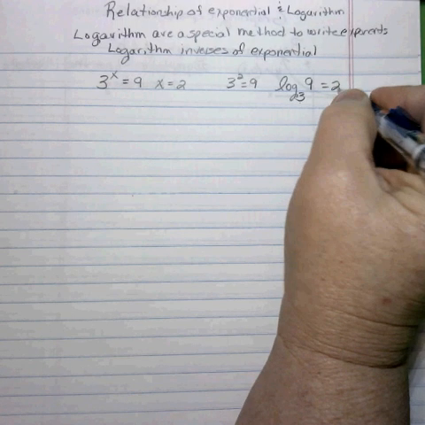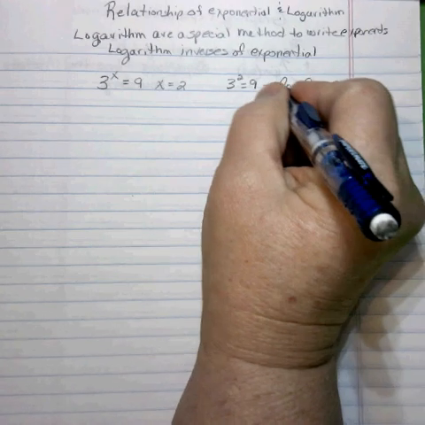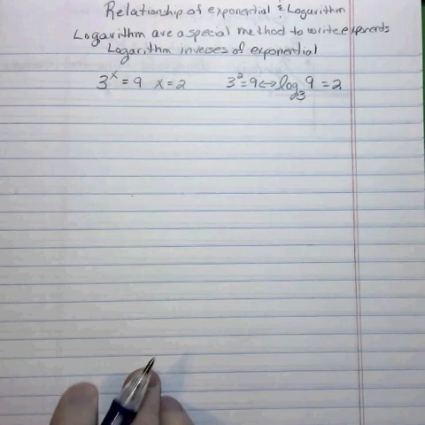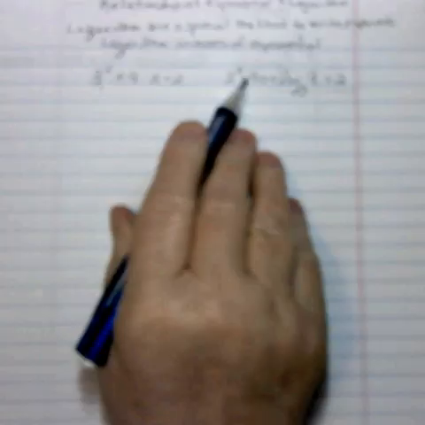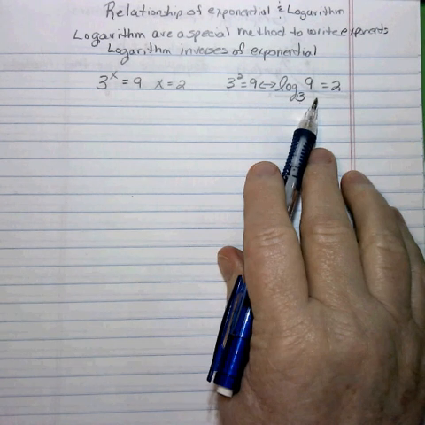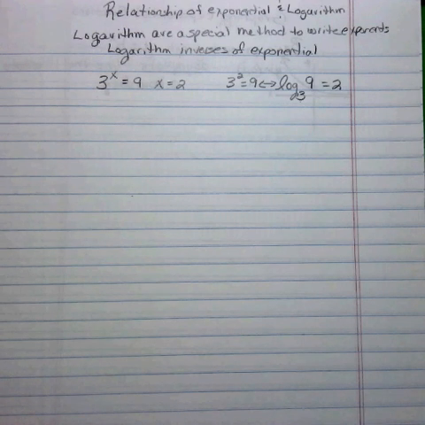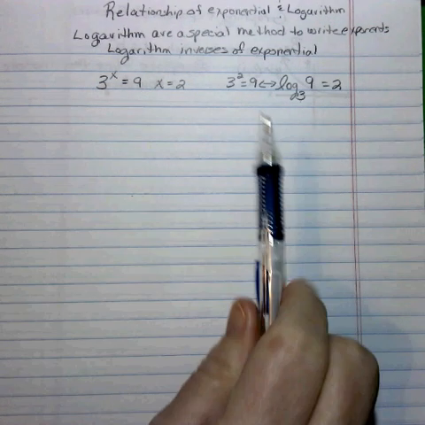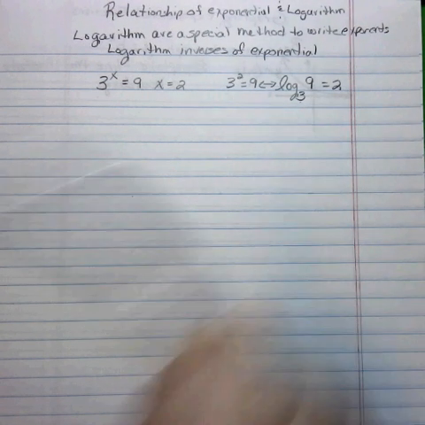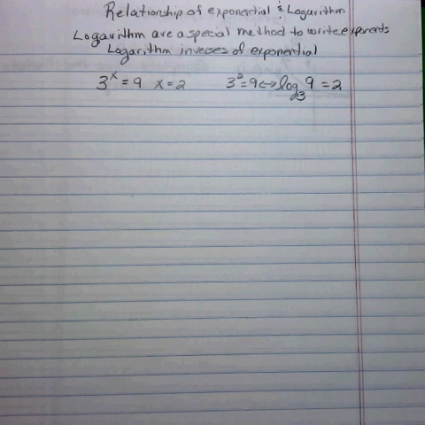And that is the 2. So these are the inverses of each other. This is the exponential form. This is the logarithmic form. So that is the relationship that exponentials and logarithms have to each other.